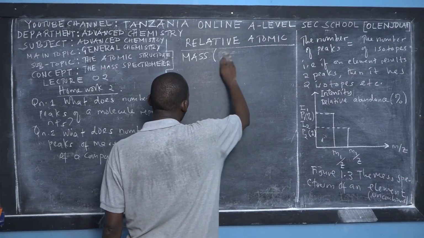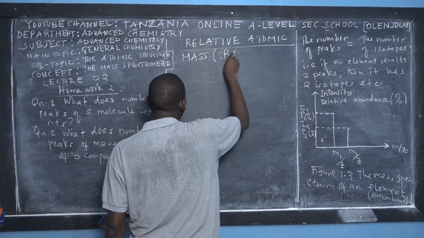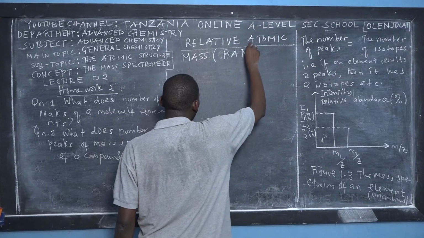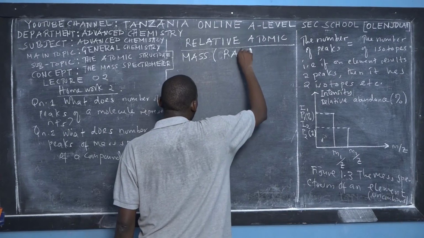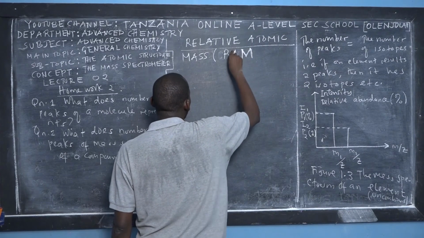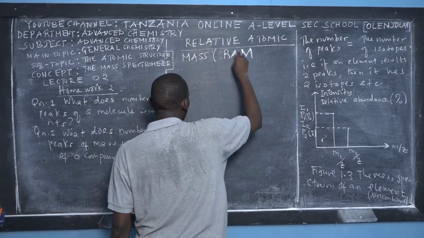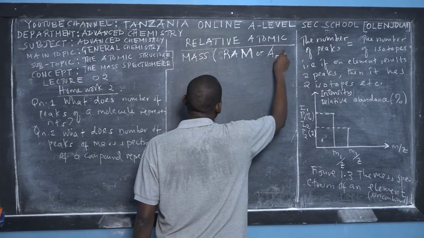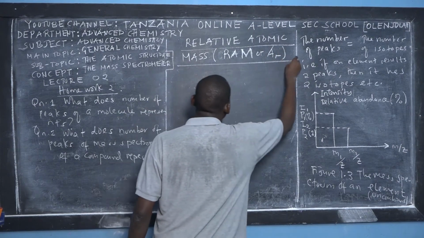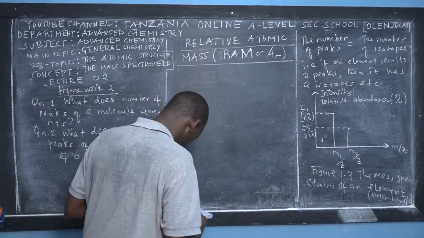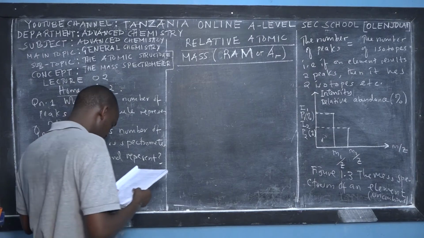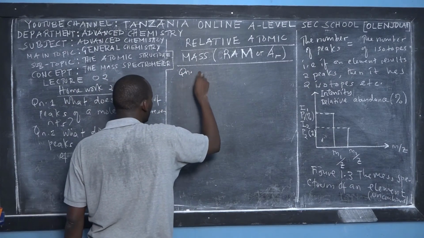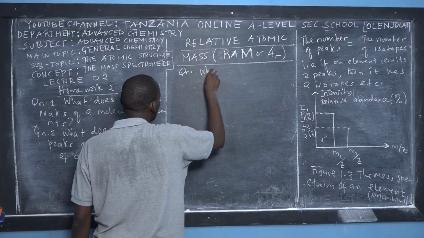So relative, say with me, relative atomic mass. Again, relative atomic mass. I know that you know. Possibly you forgot it. What does it mean? How do you find it? What does it represent? I will spend a few minutes to remind you, because I know that you were very good in O-level chemistry.